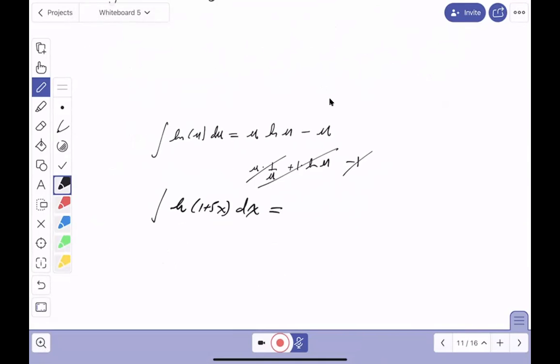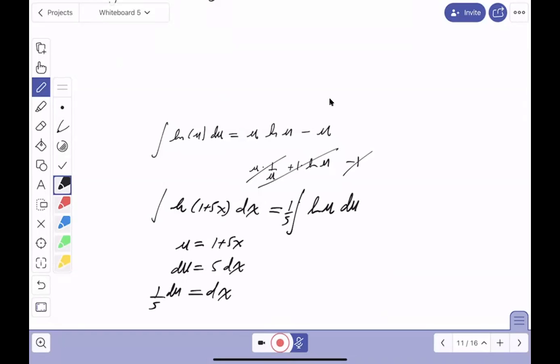I guess I have to do u substitution, right? So u would be what? 1 plus 5x, and du would be 5 dx, or 1/5 of a du would equal dx. So let me write that down for you. And again, we'll go back to the problem a little bit later, because I did say integrate, so I'm trying to integrate. So let's see, I guess you would get 1/5 ln u du.